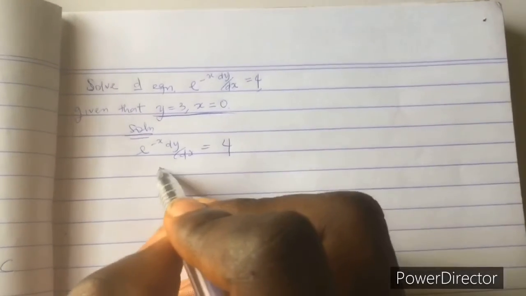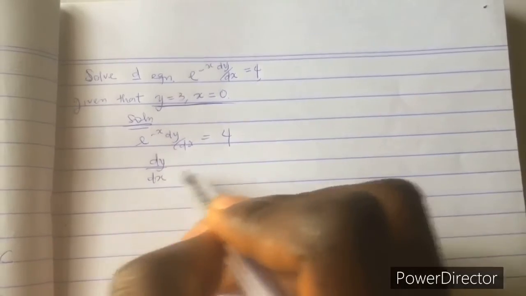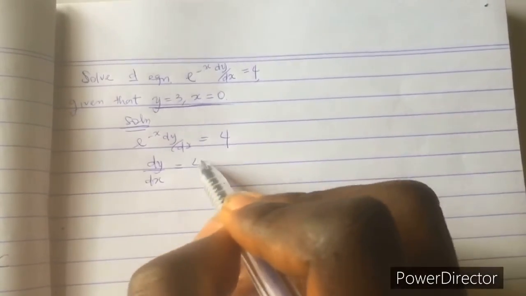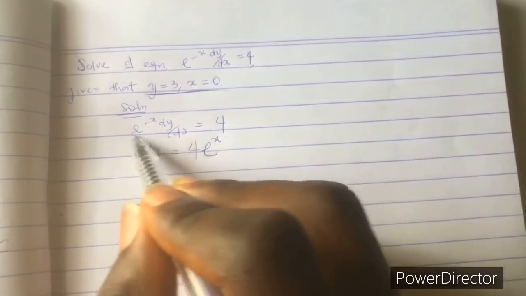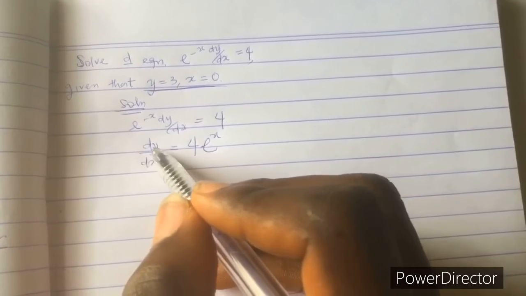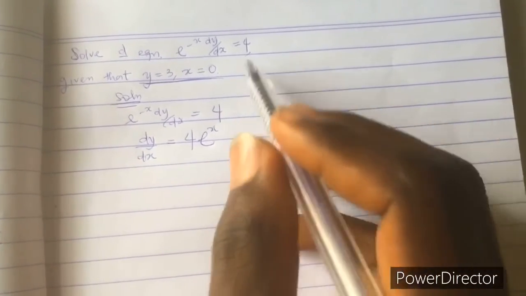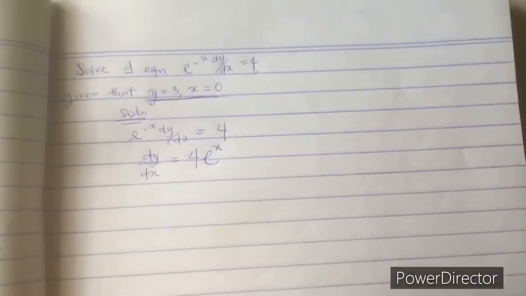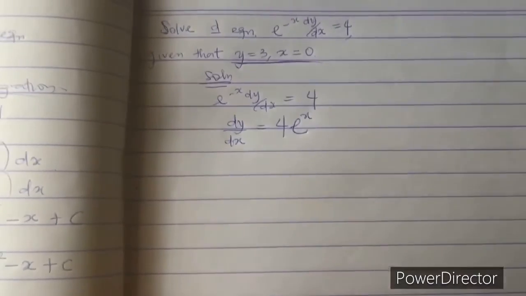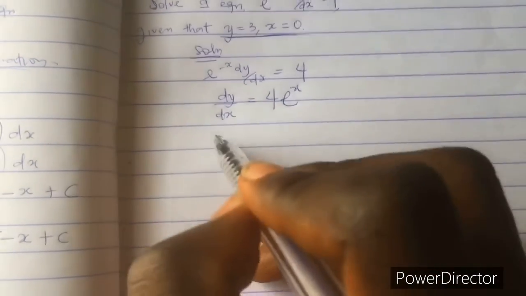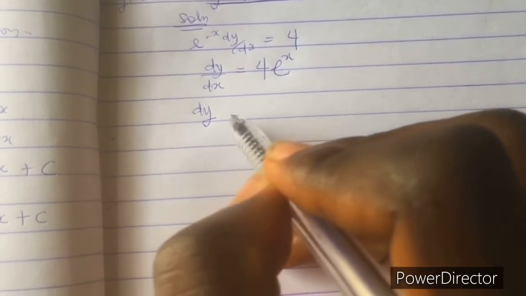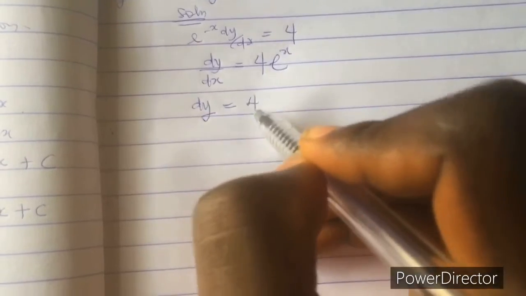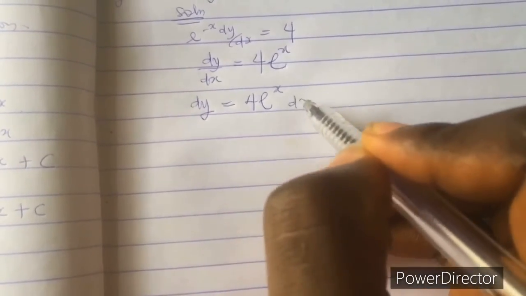Alright, to do this, let's first of all get the derivative dy/dx. If this comes to this side, that will be 4 e to the x. I think you understand that, it's like dividing both sides by e to the minus x, so that we get 4 e to the x. After you've gotten that, we are using the direct integration method, so we can just say dy equals 4 e to the x dx.